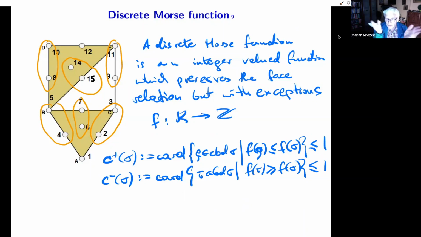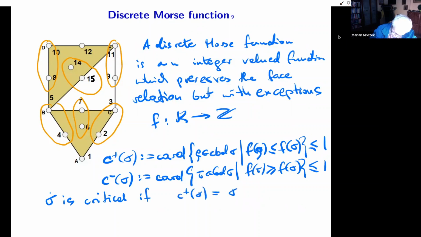And the same when you go through the coboundary, there is at most one element in the coboundary where the value is less and not greater. And then you define a cell sigma to be critical if it has no exceptions, so if both C plus of sigma and C minus of sigma are 0.